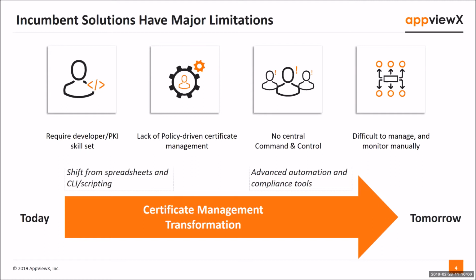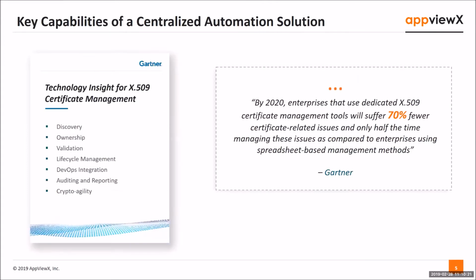So that is where the industry is now moving towards more advanced automation and compliance tools, which are simple, intuitive, but at the same time provide central command and control and central visibility. And we see that happening quite a bit across multiple enterprises. Now, Gartner has been involved in all of this as well, and we work with Gartner quite a bit.